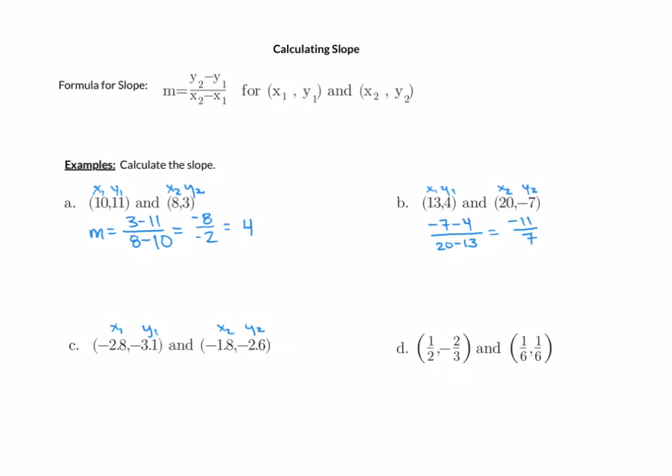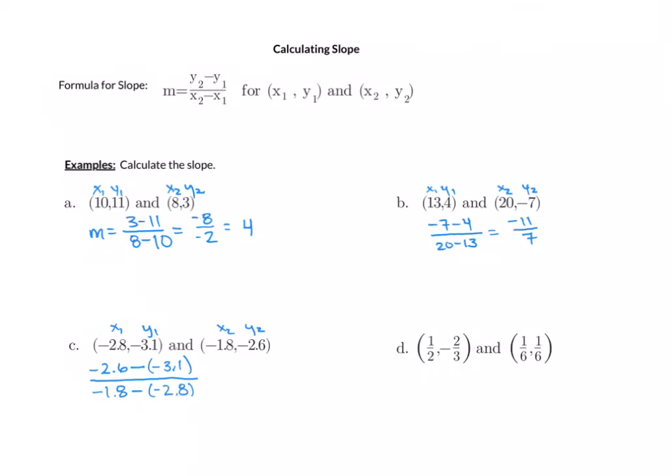We subtract our y values, so we get negative 2.6 minus negative 3.1 over negative 1.8 minus negative 2.8.